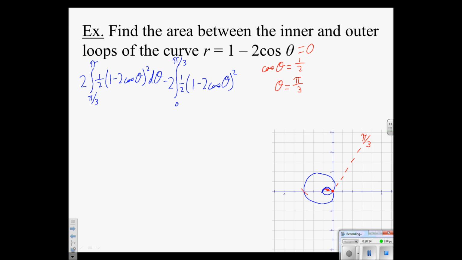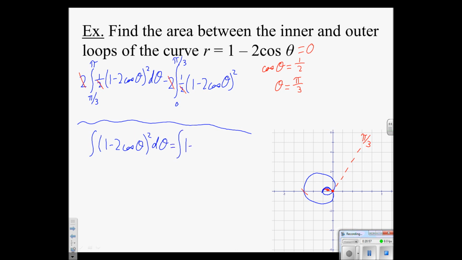I'm not going to work out the rest of this problem, except to cancel the 2's and the 1/2's, because it's just fun. I will briefly point out, though, that when you find the antiderivative of 1 minus 2 cosine theta squared, first of all, you're going to have to FOIL it out.